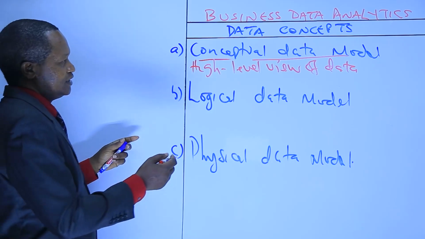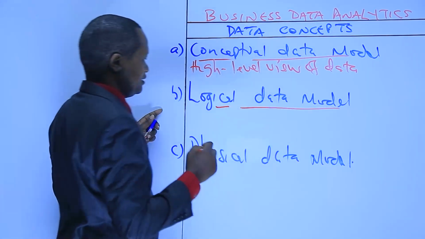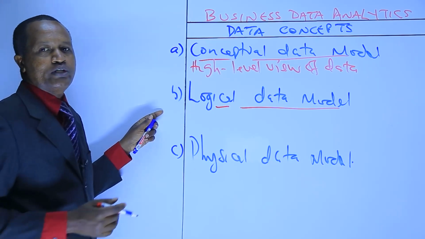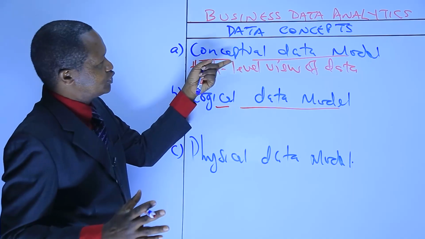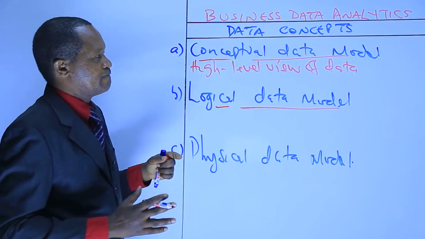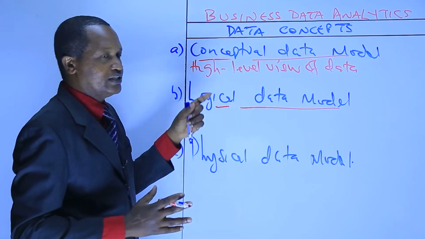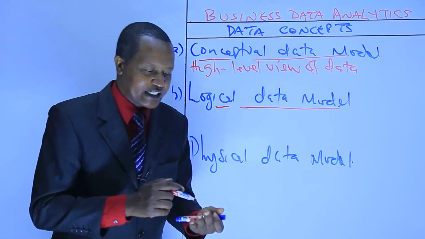Then we have the logical data model. Logical data model is a more detailed representation of the conceptual data model. Here, remember, we said it does not go into details. It does not get into the technical details.